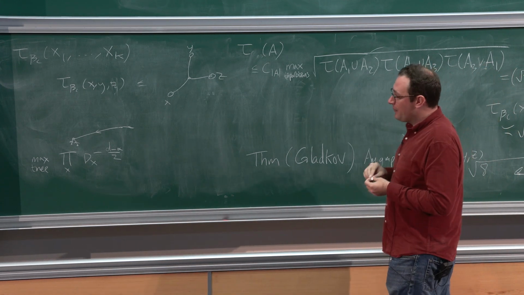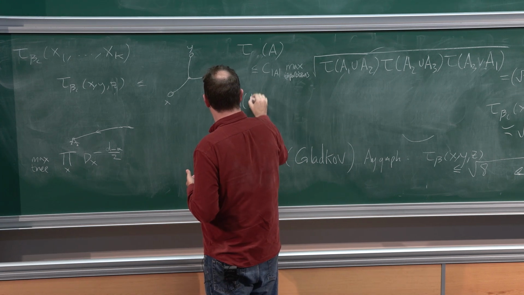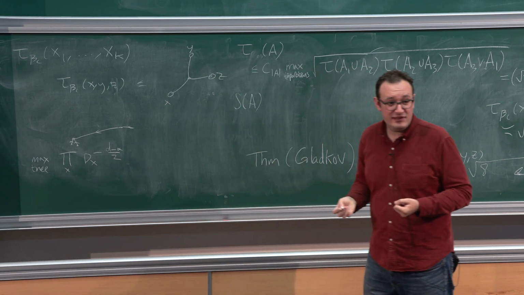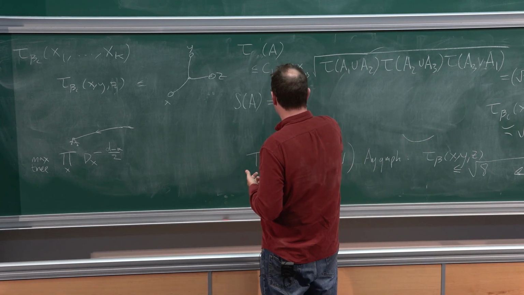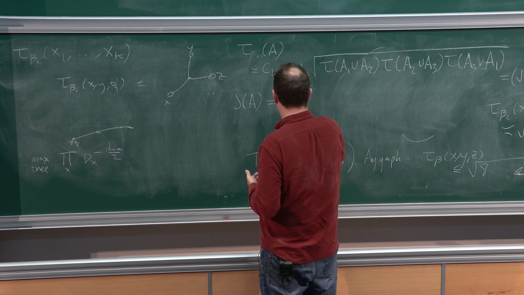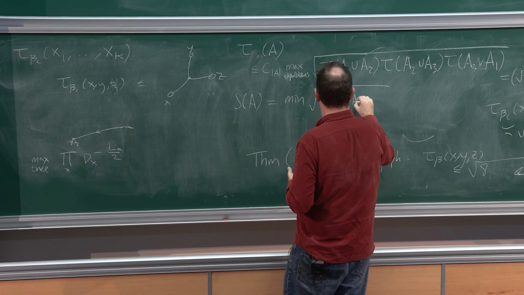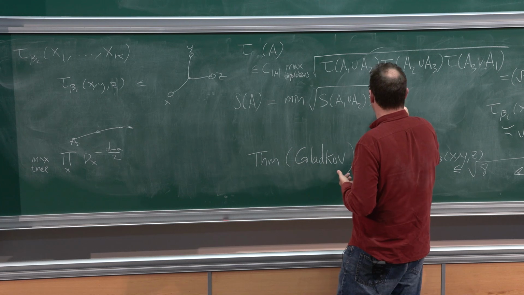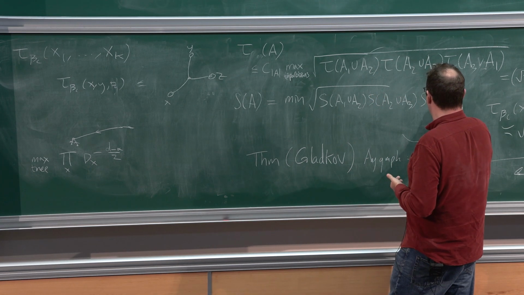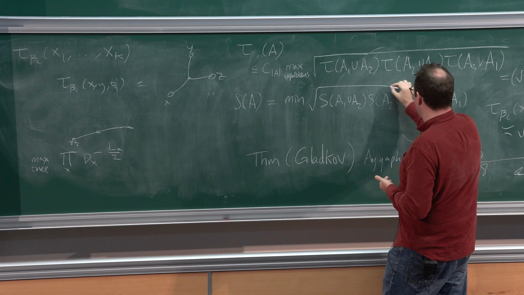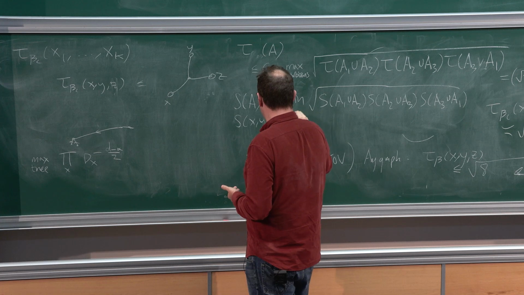So in other words, you can define a quantity on sets in R^d, where you take S of A to be the minimum over tripartitions of the square root of S. So you define it recursively via this relation with the initial condition that S of 2 points is the squared Euclidean distance.